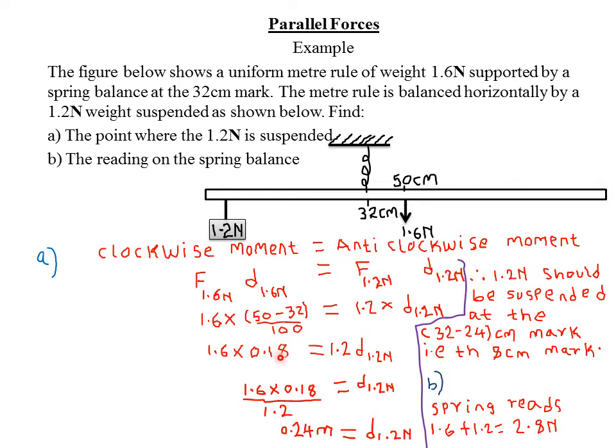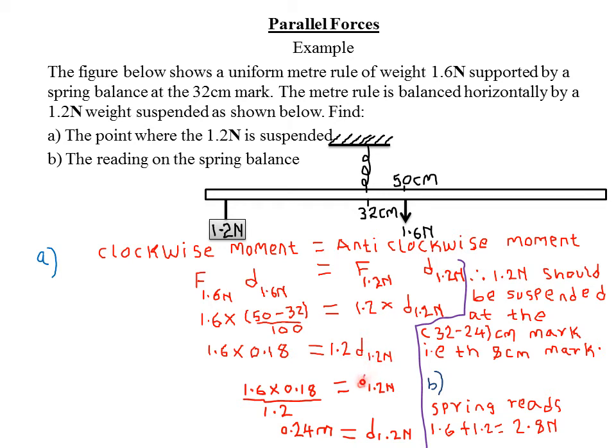So this is in meters, because remember that the SI unit for moment is Newton meter. That tells you that the force has to be in newtons, whereas the distance has to be in meters, which is the SI unit for length. So we have 1.6 times 0.18, which is equivalent to 1.2 times d 1.2 Newton, that is 1.2 d.